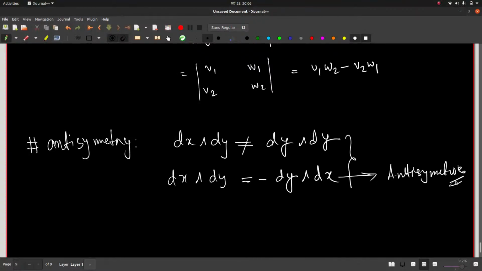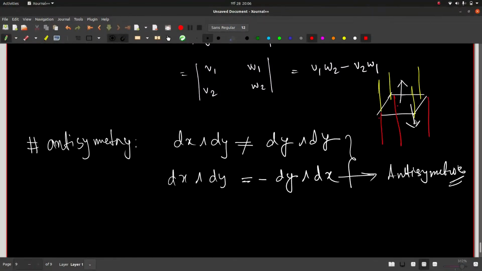And this antisymmetry has to do with the idea of the sign of the area or the volume, because if you consider a surface like this, you can always define a positive, because a surface has two directions. If you take this as a surface, there is one opening like this, and there is another opening like this.